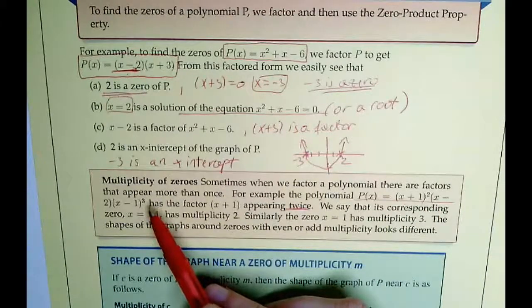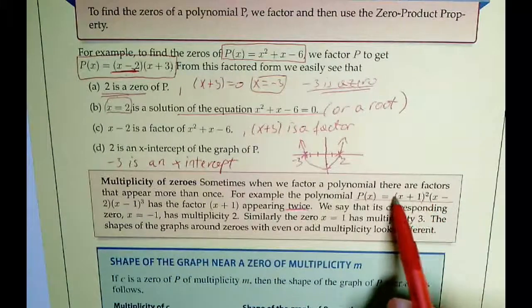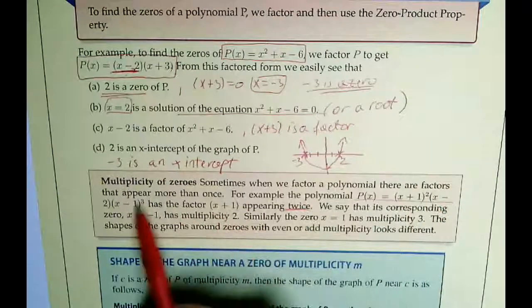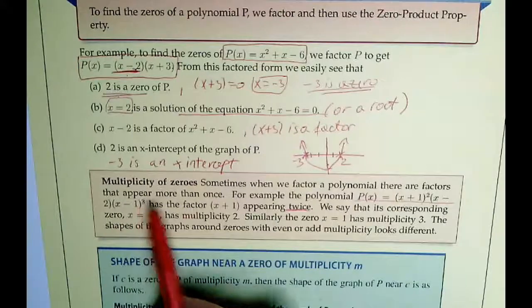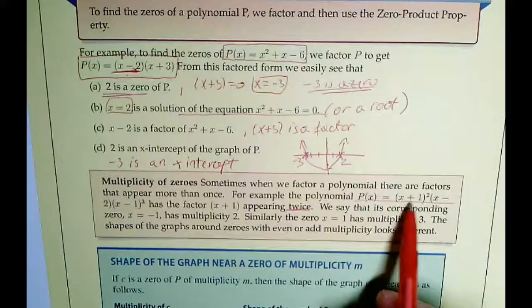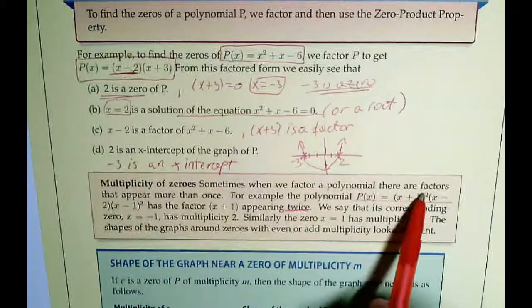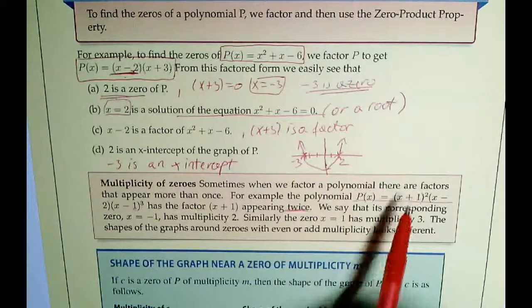Because the degree now, when I have x plus 1 squared, if I FOIL this, I'll get an x squared in here, times an x, times, if I FOIL this, I'll get an x cubed. So the degree of this is 6, okay? So the fact that the factors are repeated basically means we're going up in degree.